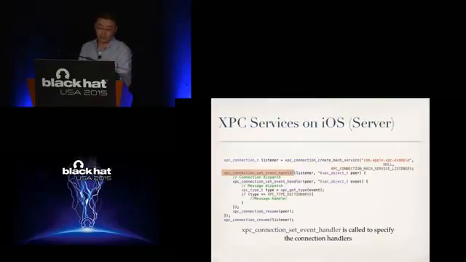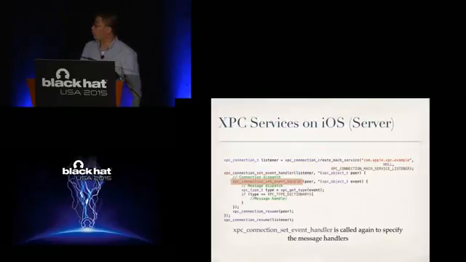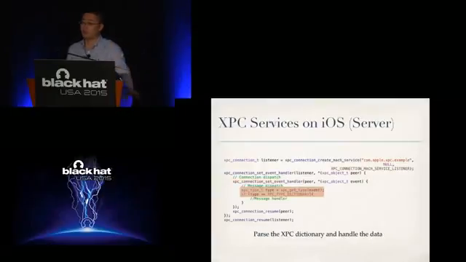And given a connection, you can call the API again, but this time you will set the message handler. And for the message handler, now you are able to get each piece of message. And actually, the XPC message is of the type XPC dictionary. I will show you later. But basically, that's how the server side runs.